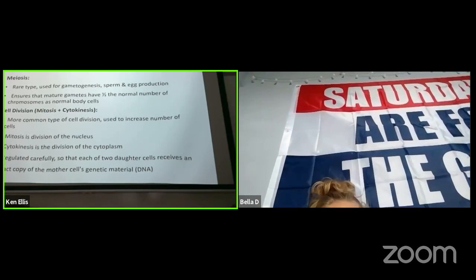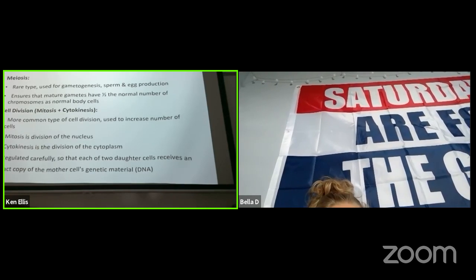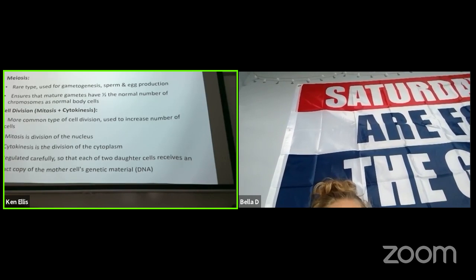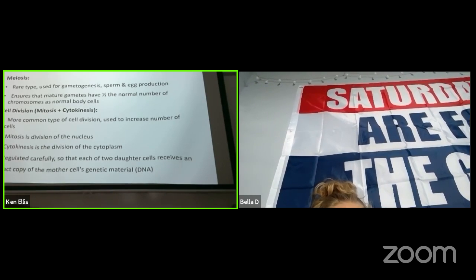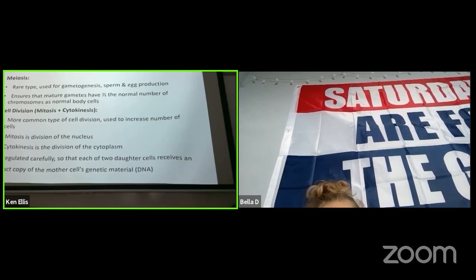It's regulated carefully so that each of the two daughter cells receives an exact copy of the mother's genetic material. But do we get an exact number of organelles on each side? No. Could one possibly be a little larger than the other? Yes. So cytokinesis isn't an exacting thing. Mitosis, as far as the nuclear material, is an exacting thing.